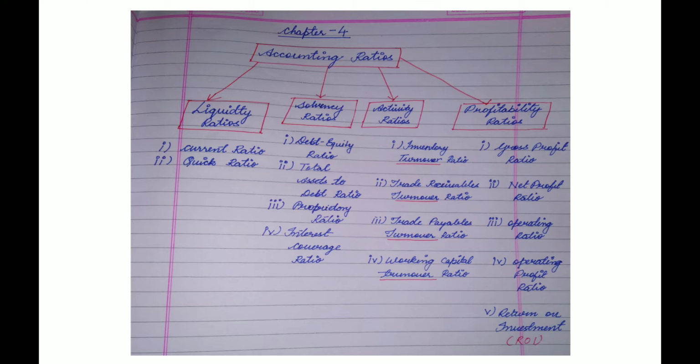It includes five ratios, that is gross profit ratio, net profit ratio, operating ratio, operating profit ratio, and return on investment ratio. Okay, so now we are going to understand the first foremost ratio, that is liquidity ratio.